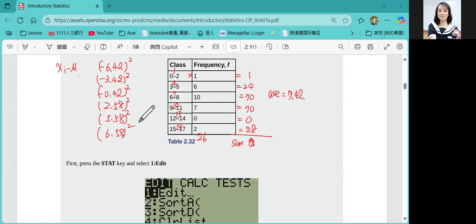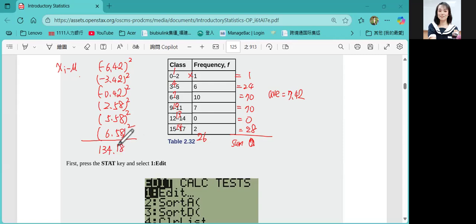And add it all. Add the 3.42 squared, add the 0.42 squared, add the 2.58 squared, add the 5.58 squared, add 6.58 squared. Okay, you may get about 134.18 approximately.